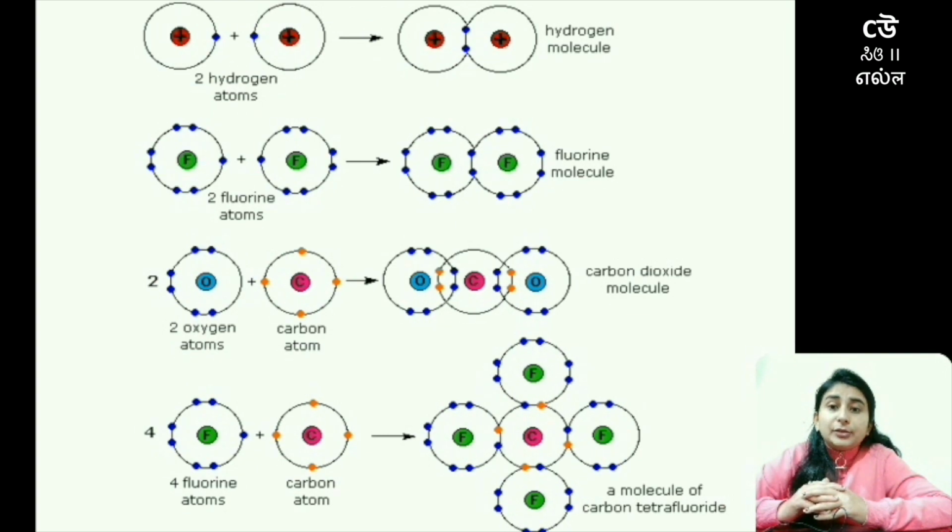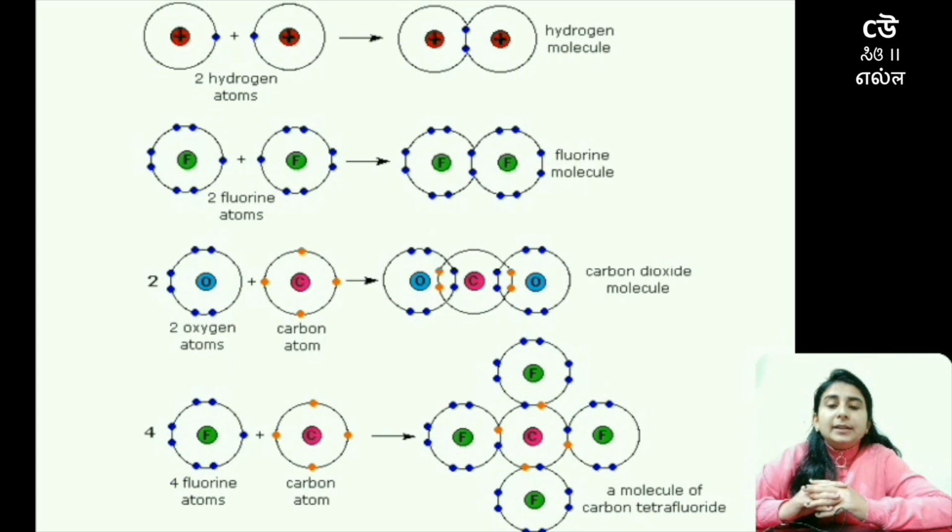But if we talk about carbon dioxide gas, students, carefully notice, there are 2 sides here. In the first case 2 pairs of electrons, in the second case again 2 pairs of electrons. So therefore there will be a total of 4 covalent bonds in case of carbon dioxide gas.